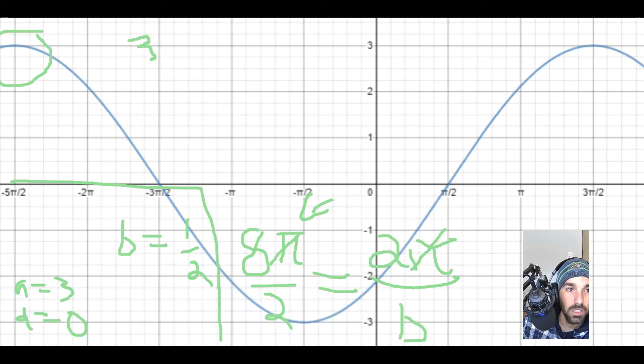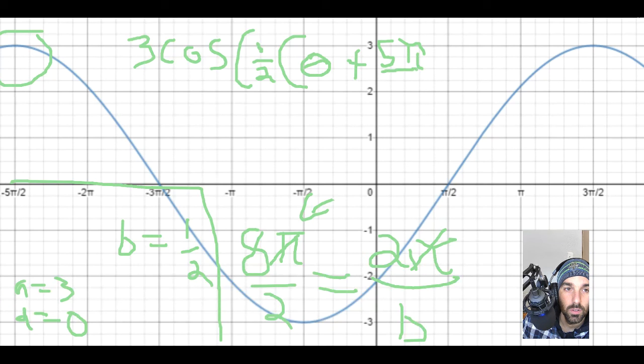So I have 3, that's my amplitude, and then cosine, and then parentheses. Now my b isn't 1, so I'm going to factor that out. So I'm going to have double parentheses here, and then theta, and then plus 5 pi over 2.